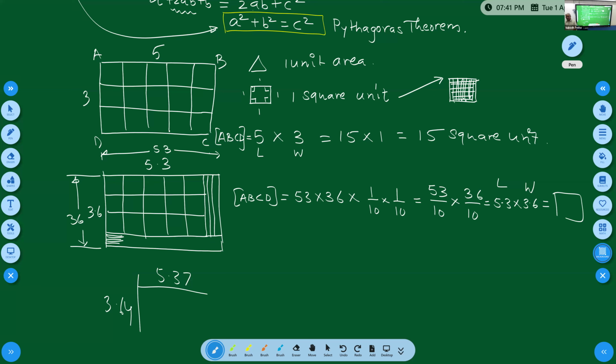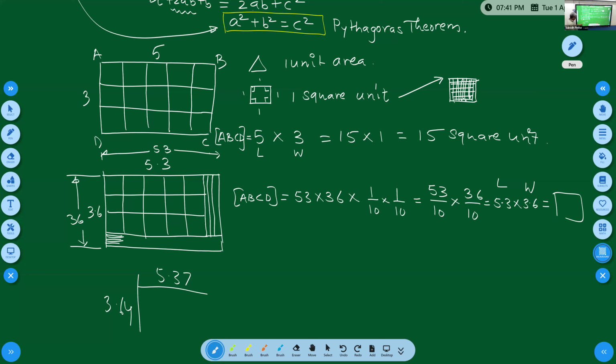Principally, we agree to create tiny squares, and this is going to happen every time. I mean, we find out area of every tiny square and distribute it to the total number of squares, and hence we end up getting length into width.